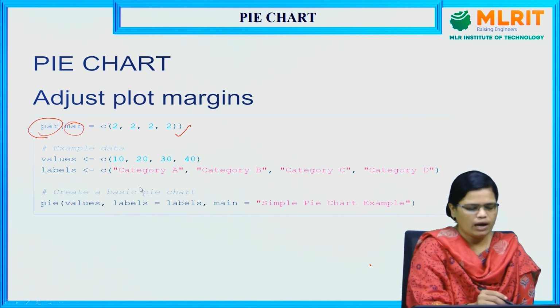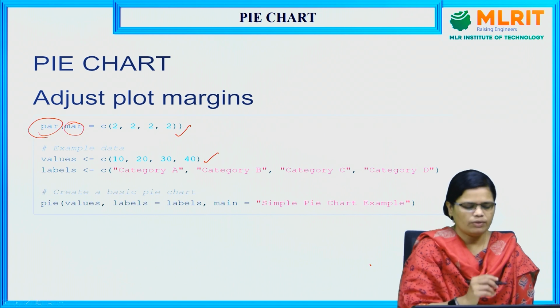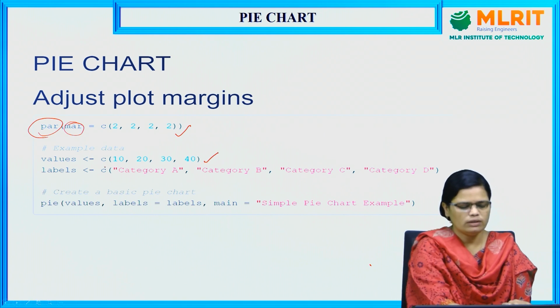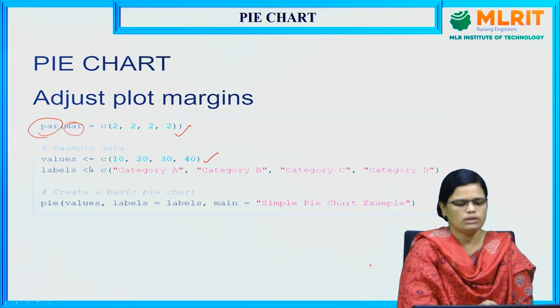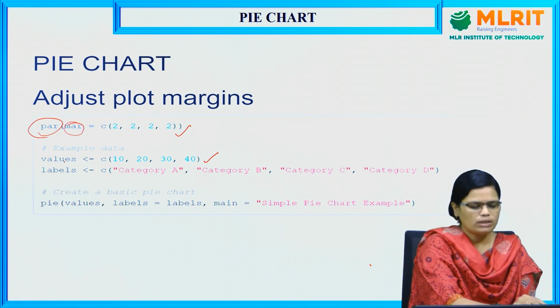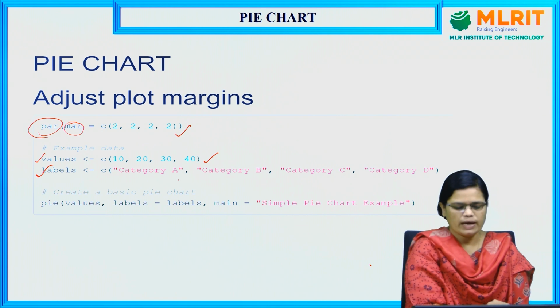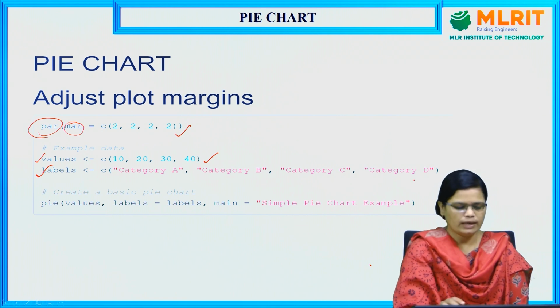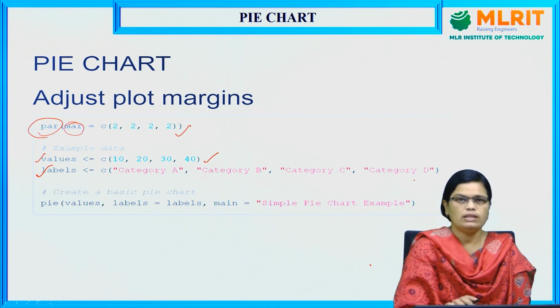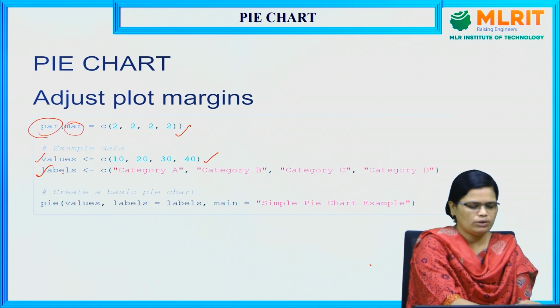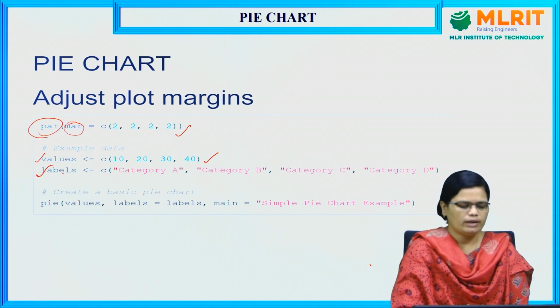Next, we have assigned the vector values. In this vector, I have 10, 20, 30 and 40 values. These values I am assigning to a values attribute. Next, we have the categories A, B, C and D. These categories I am assigning into a label variable.